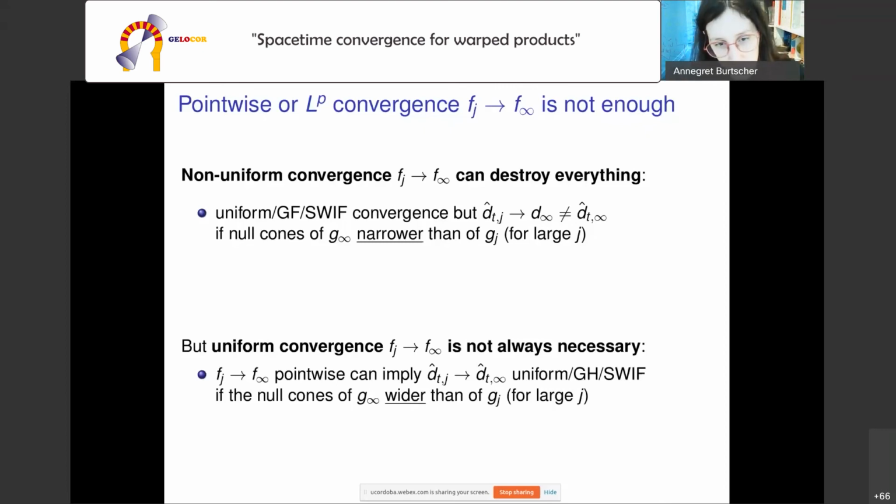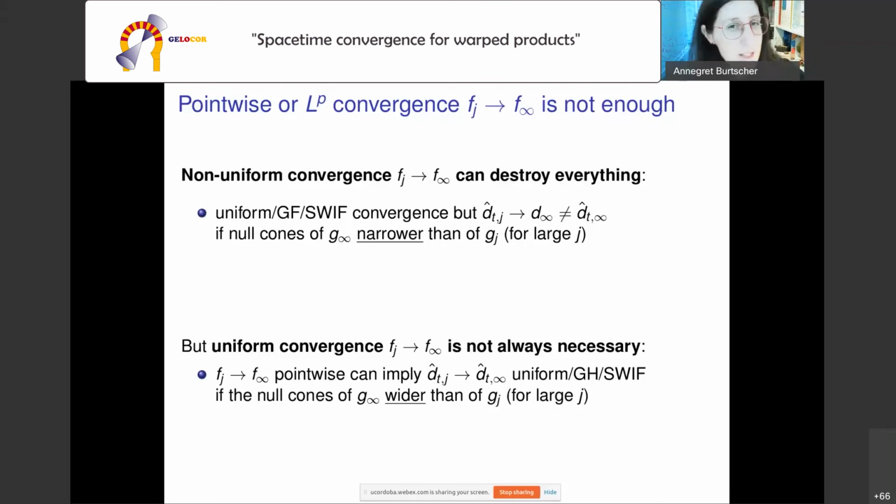We also studied an example where the warping functions just converge pointwise. But in this case, as opposed to the first example, the null cones of the limiting space were wider than those of the sequence. So you actually allow more curves in the limit, and you have no problem in that case.